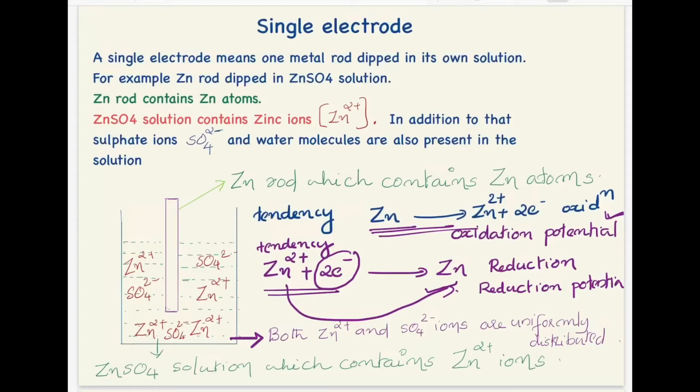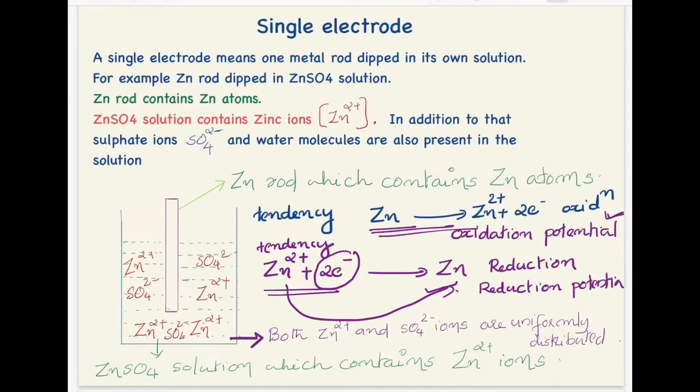So how many potentials are there? 2 potentials. One is oxidation potential, one is reduction potential. Whether any one of these reactions will happen at a faster rate? No. Right? If the first one is to happen, then somebody should accept 2 electrons. If the second one is to occur, then somebody should donate 2 electrons. So both of these won't happen.